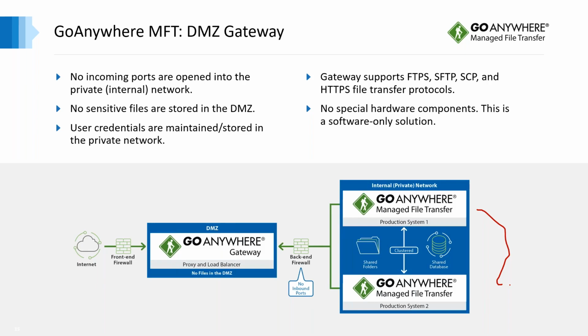Now it's going to load balance those connections. So if you were to get a second connection coming in, it will then round robin that over to the production system 2. And the gateway is smart enough here that if one of your systems fails, maybe due to a possible hardware issue as an example, then the gateway will just send the transfer sessions to the other remaining system for you automatically.